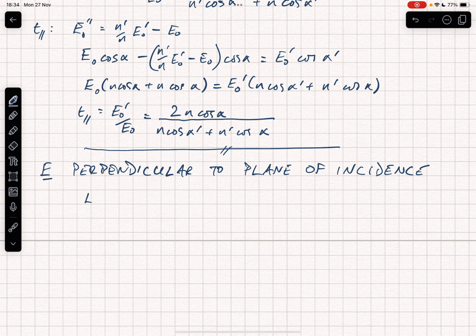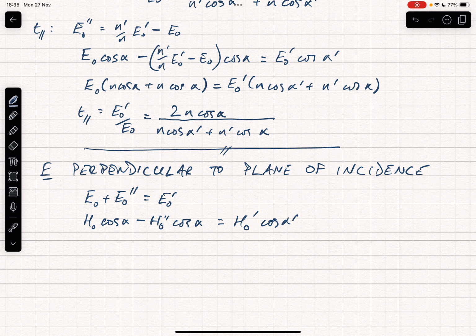Then in that case, we have that E0 plus E0 double prime is equal to E0 prime, and we have that H0 cos alpha minus H0 double prime cos alpha is equal to H0 prime cos alpha prime.